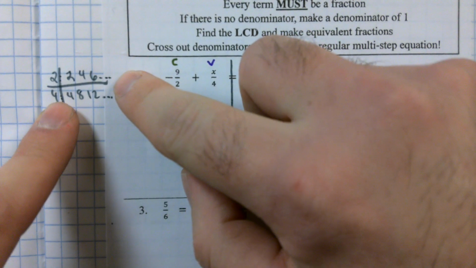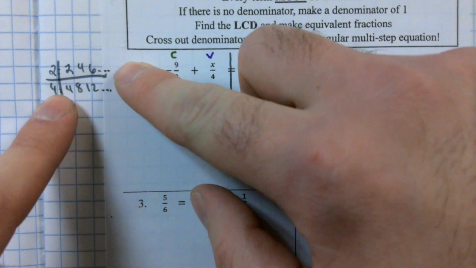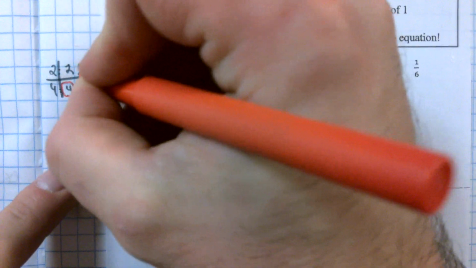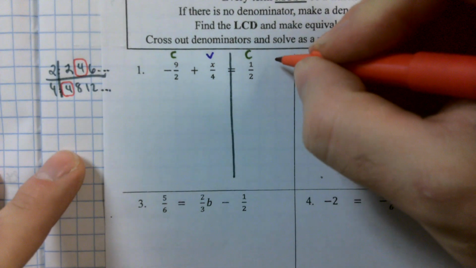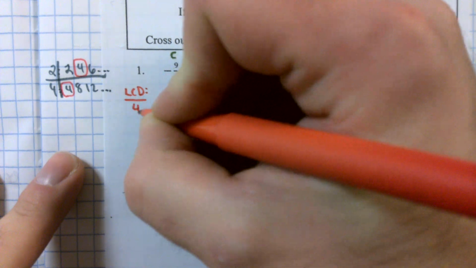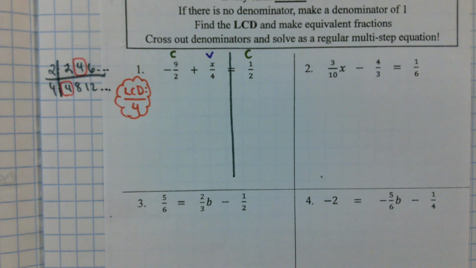We're looking for a multiple in common. What number did we have in common between these two? 4. So my LCD here is 4. Well, actually, they both have 12 too. Exactly, but the L in LCD stands for the lowest.